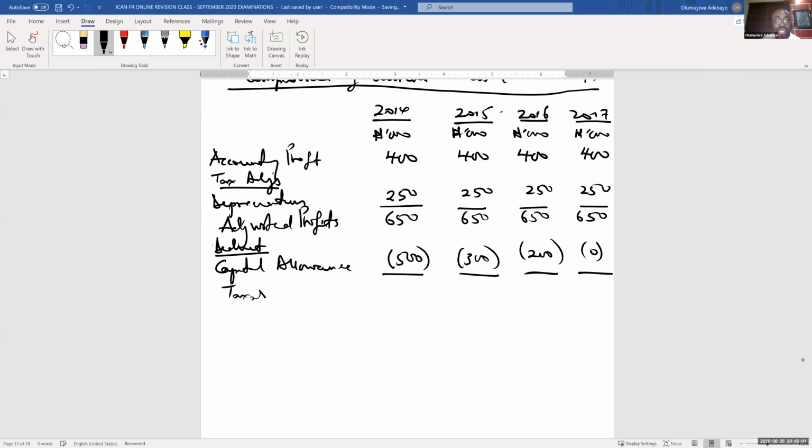Therefore, we obtain our taxable profits, which is 150 in year 1, 350 in year 2, 450 in year 3, and 650 in year 4.